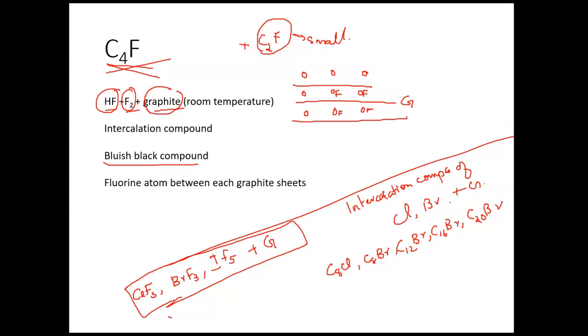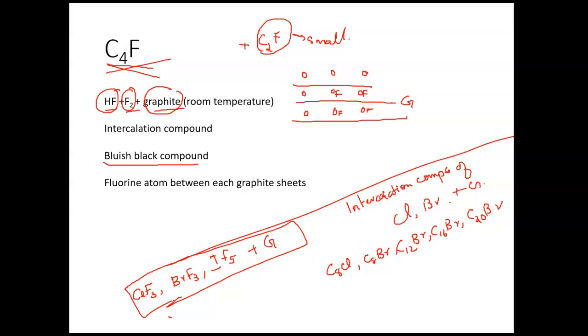And we discussed C4F, another compound which can be prepared by reacting graphite with hydrogen fluoride and fluorine gas. This is a bluish black compound having fluorine atoms evenly spaced between graphite layers. And we also mentioned the intercalation compounds that can be formed by chlorine, bromine, etc.